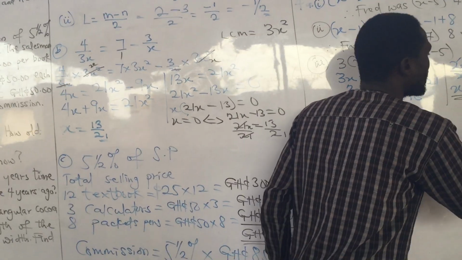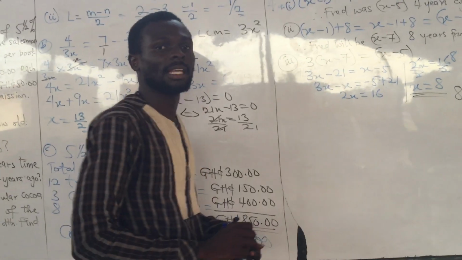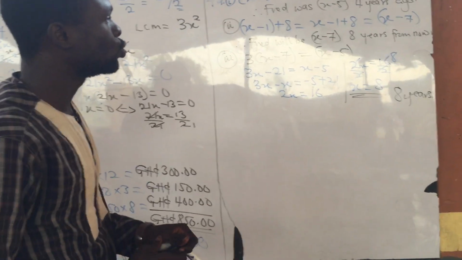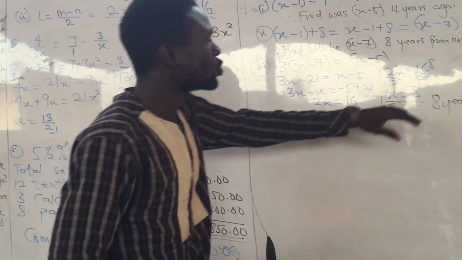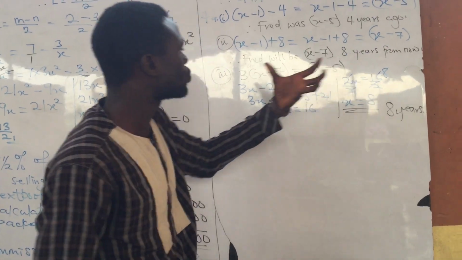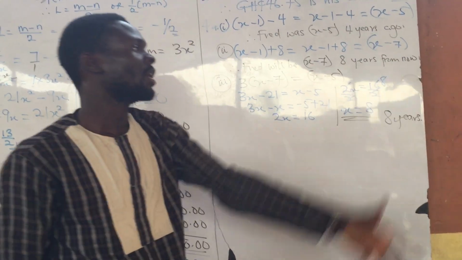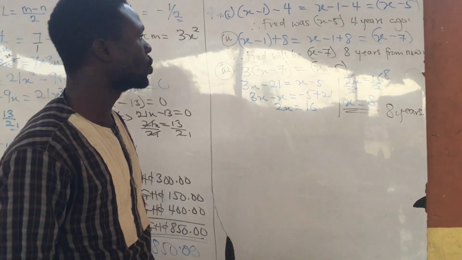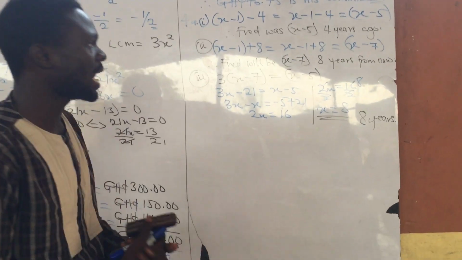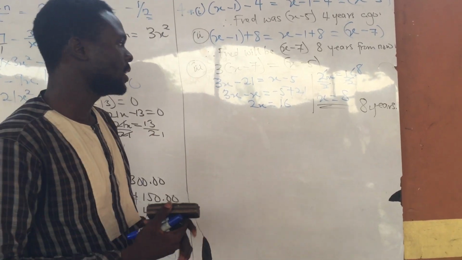So our answer is 8 years, just as it has been given to us to solve. That should tell us that Fred is going to be 8 years.